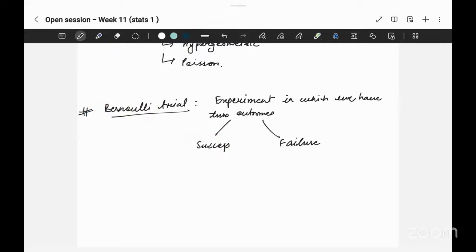Okay. So let's take an example, like if I'm tossing a coin. What are the two outcomes that I can have? Head and tail. So I can have a head, I can have a tail. Let's suppose my success is getting a head.